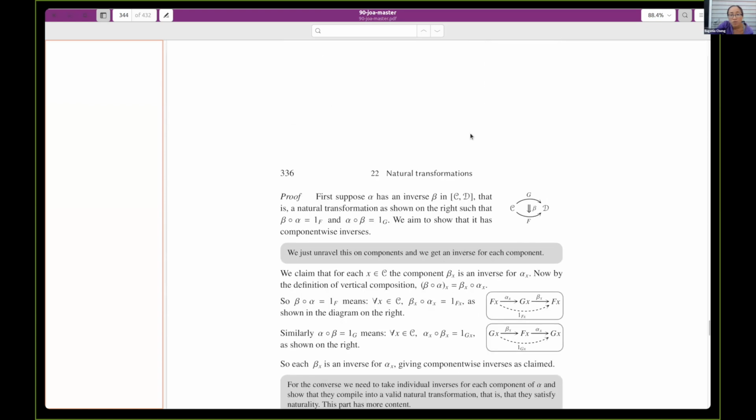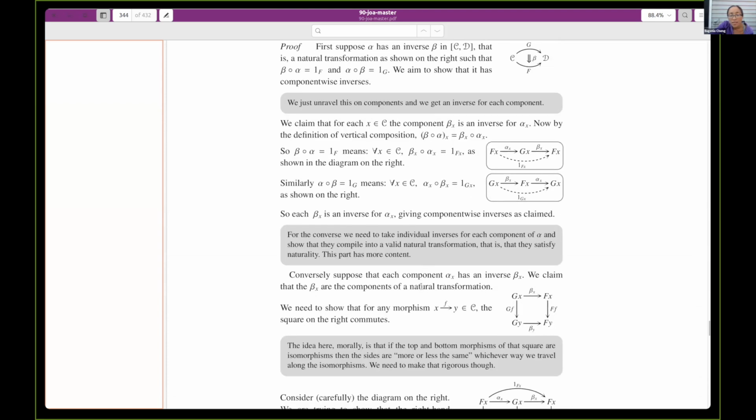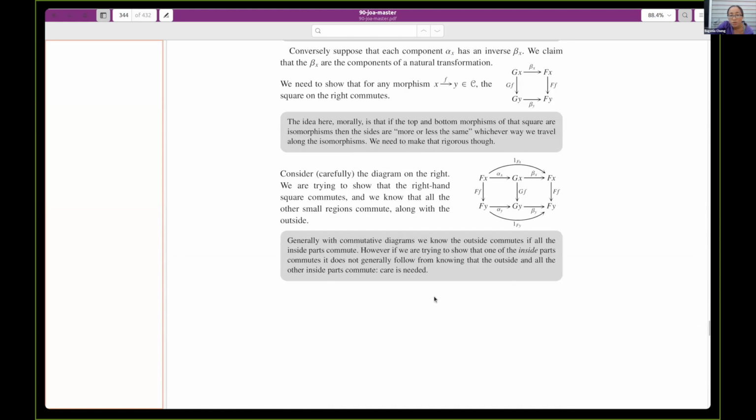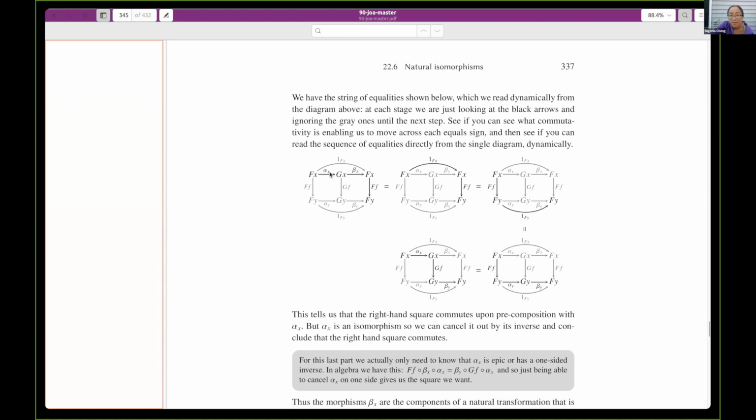What we're trying to do is suppose that each component has an inverse, then we claim that those inverses form a natural transformation, right? So part of the hypothesis is that each beta x is an inverse for alpha x, which means that when you compose them, you get the identity. So that's what this equal sign is, because we're moving from alpha x composed with beta x to the identity.